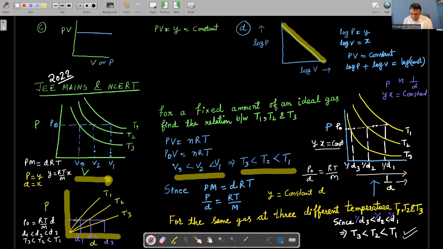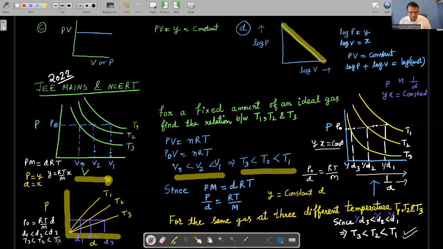Density and temperature are inversely proportional, so we get the inverse relation: we should write T3 is less than T2 is less than T1.